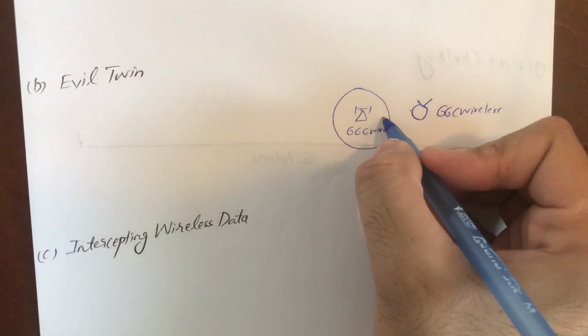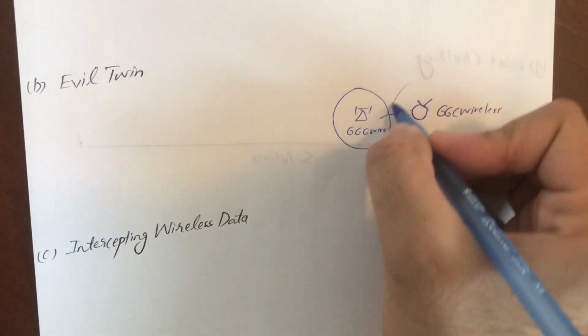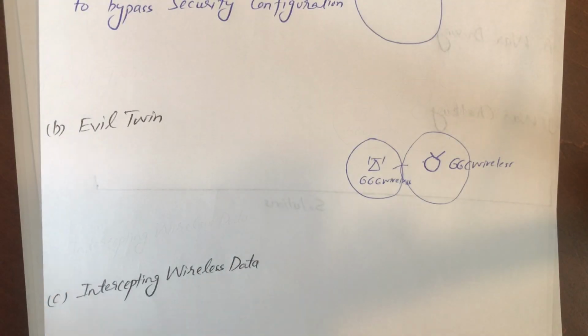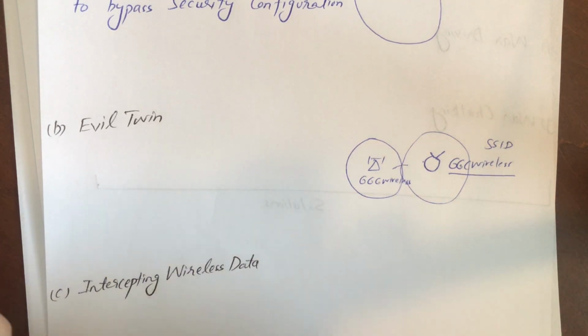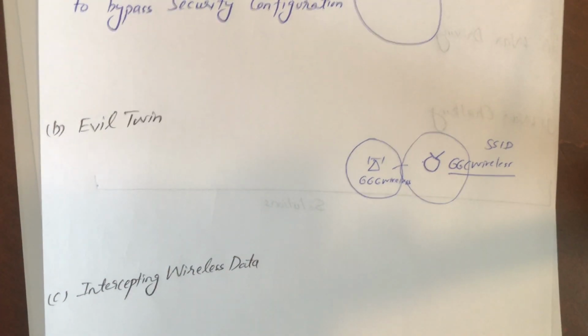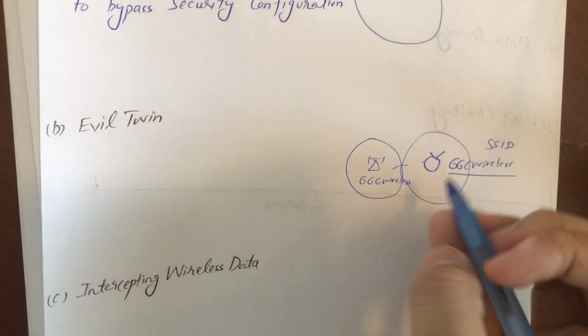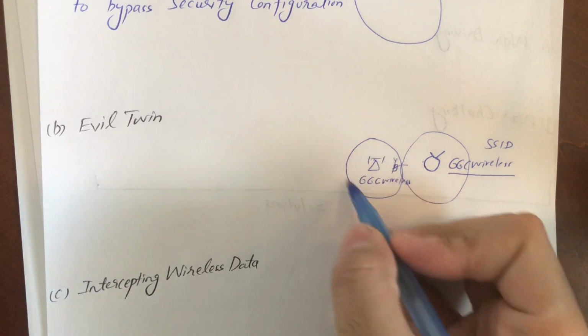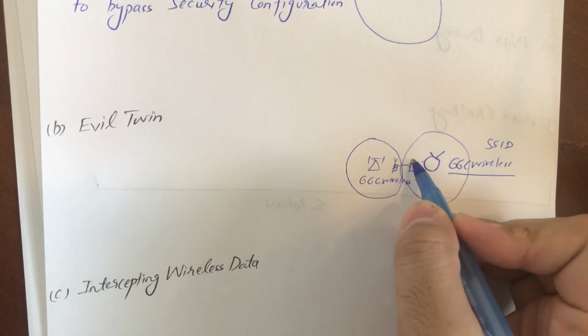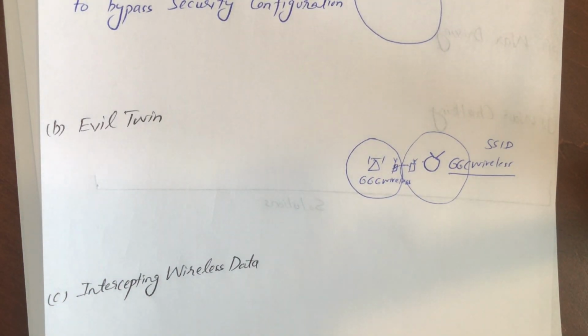So if you step out of this room and enter this particular range, GGC wireless will be the SSID of the access point installed by the attacker.